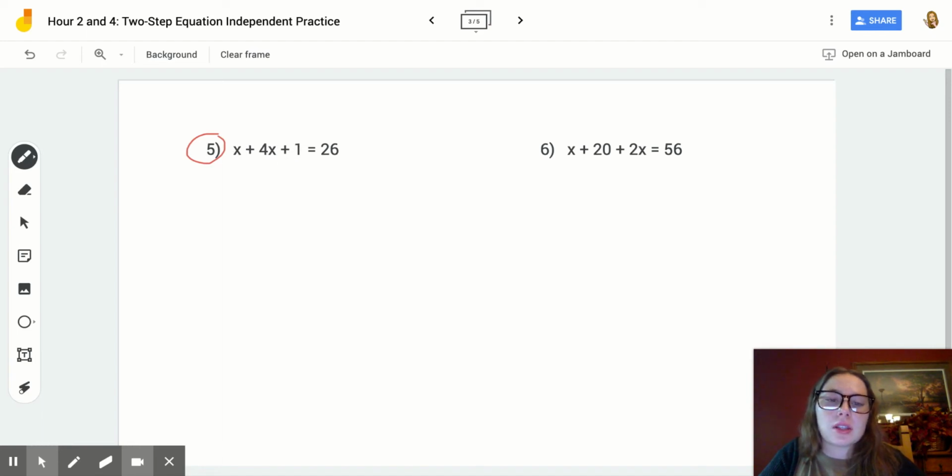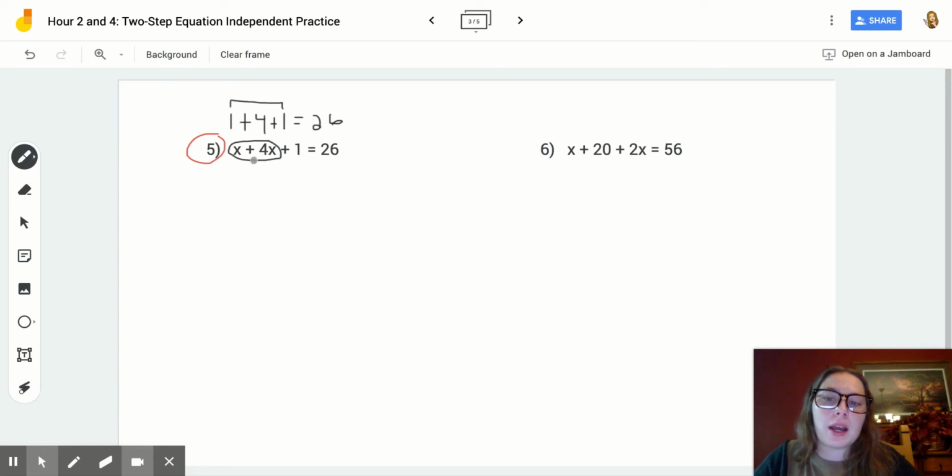So just like if we had, let's say, 1 plus 4x plus 1 equals 26, we have these things called like terms. And like terms can be numbers, or like terms can be x's or variables. So in this case, our like terms are the x's.